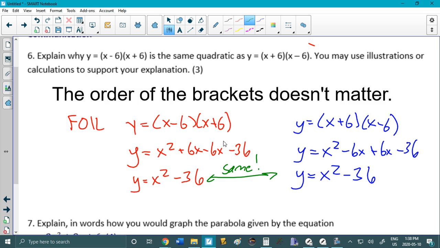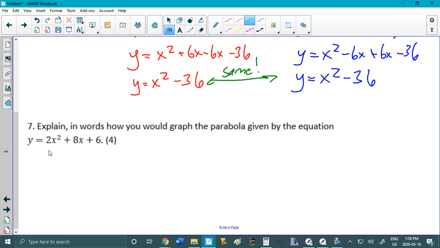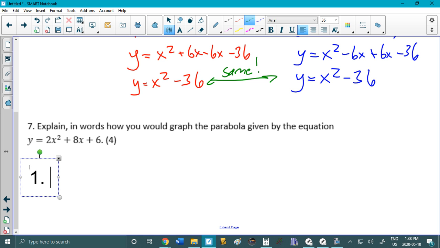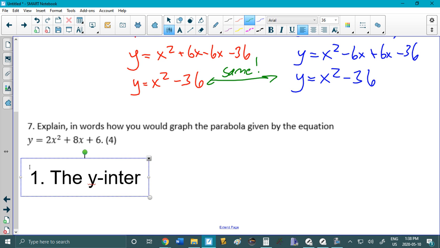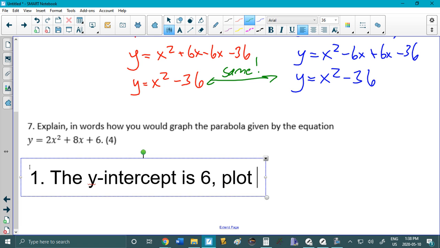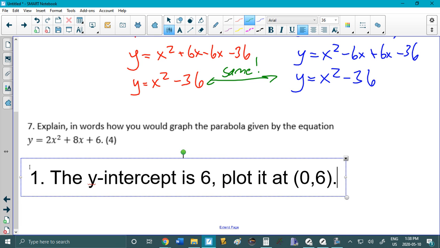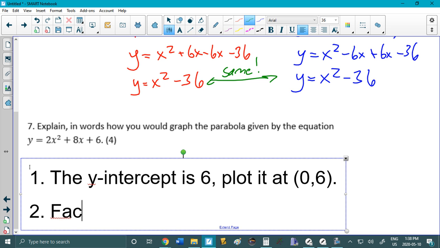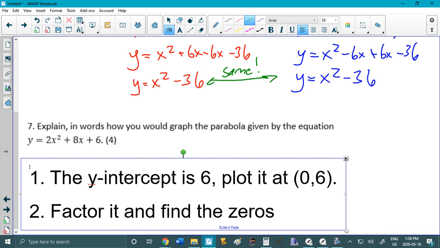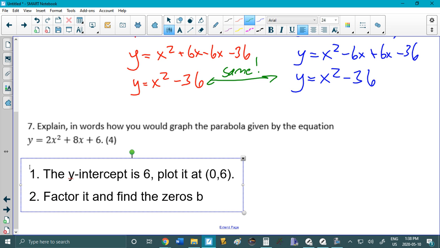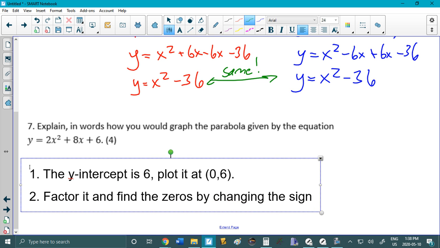So this is 3 marks. Explain in words how you would graph this. Okay, so let's say step 1. The y-intercept is 6. Plot it at 0, 6. Step 2. Factor it and find the zeros by changing the signs.